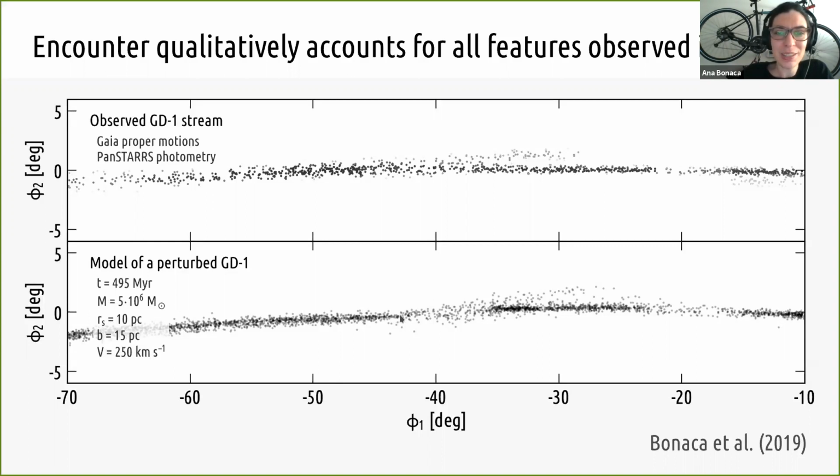And so in this model, we were very excited because it matches the location and the size of the gap, and also the extent and the separation of the spur of stars as we have observed in the data itself that is shown on the top here.